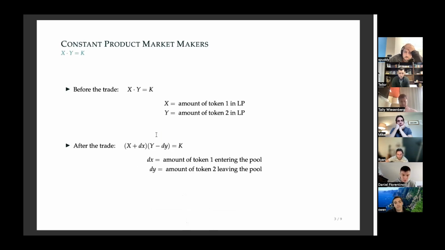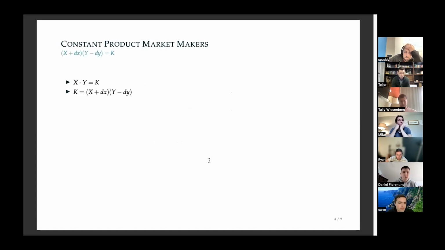If you want to take token 2 out of the pool, you have to put some amount of token 1 into the pool so that the respective balance of each still multiplies to K. And that gives us this new equation about a pool after the trade. And this will tell us a lot of important things about the trade.